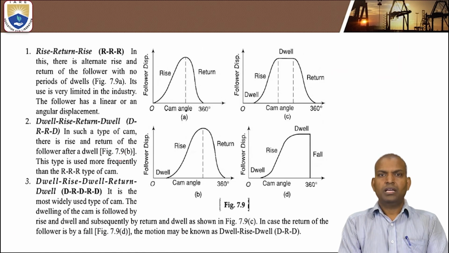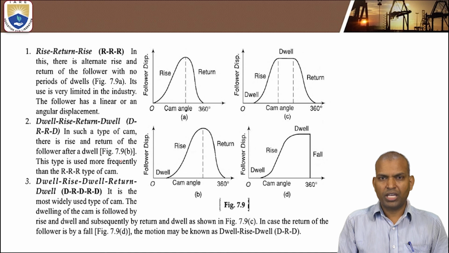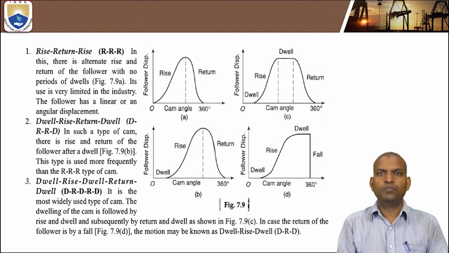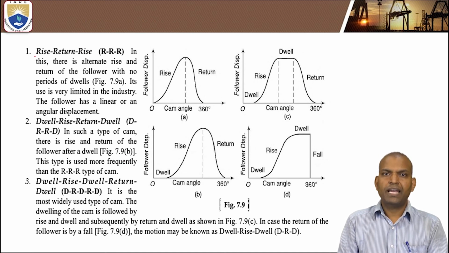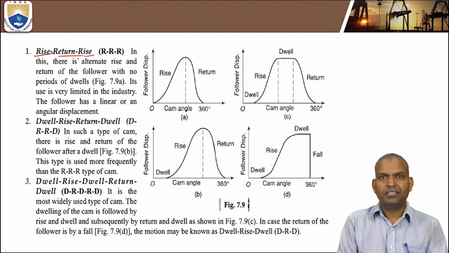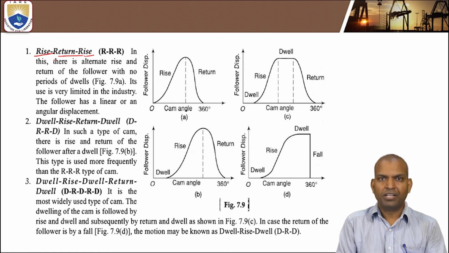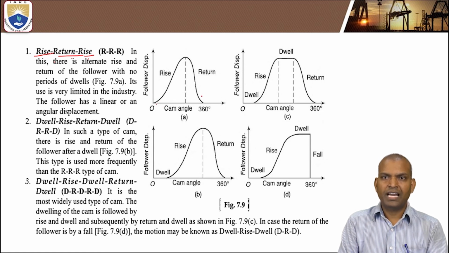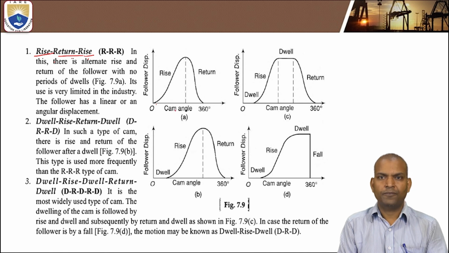Now, based on the classification of the follower motion, rise, return, rise. This is triple R. Triple R means here, it is not a movie name, it is rise, return, and rise. In this case, what will happen? During the rotation of the cam angle, it will rise and it will return. Again it will rise. There is no dwell.